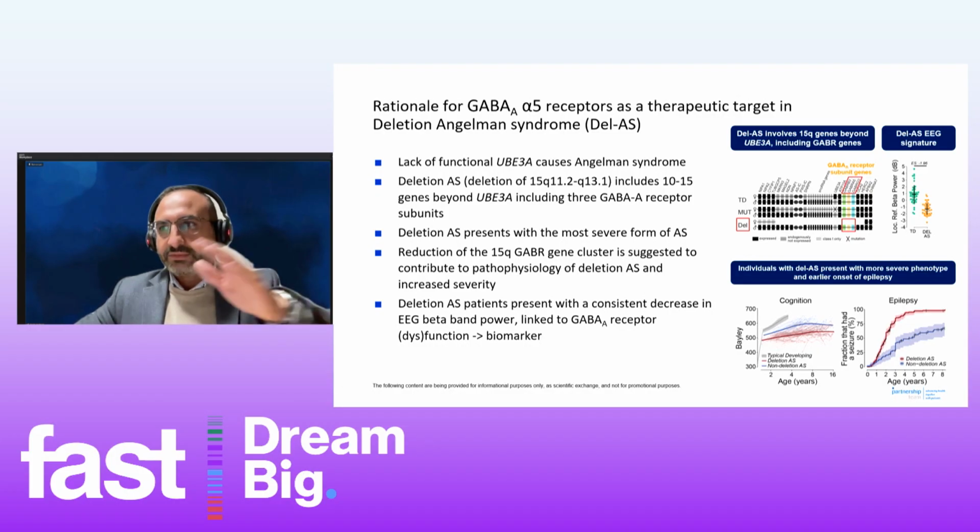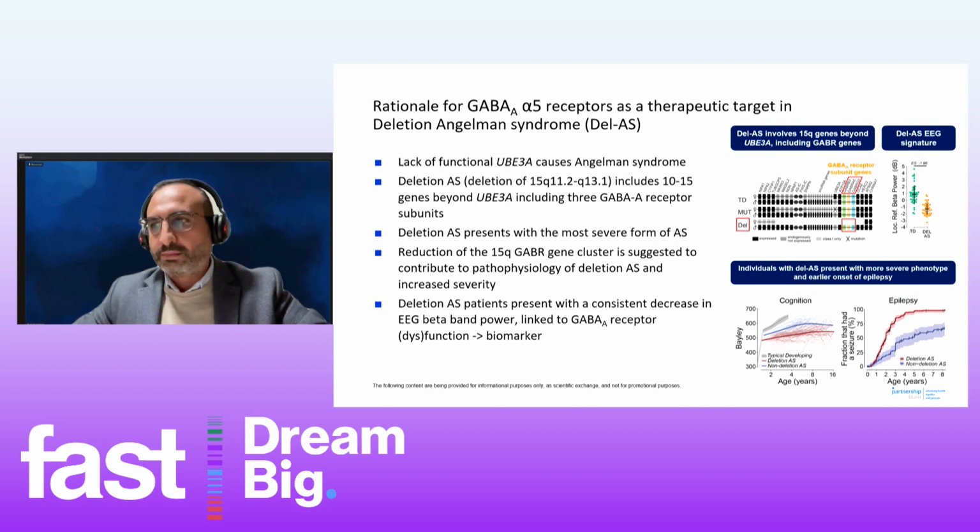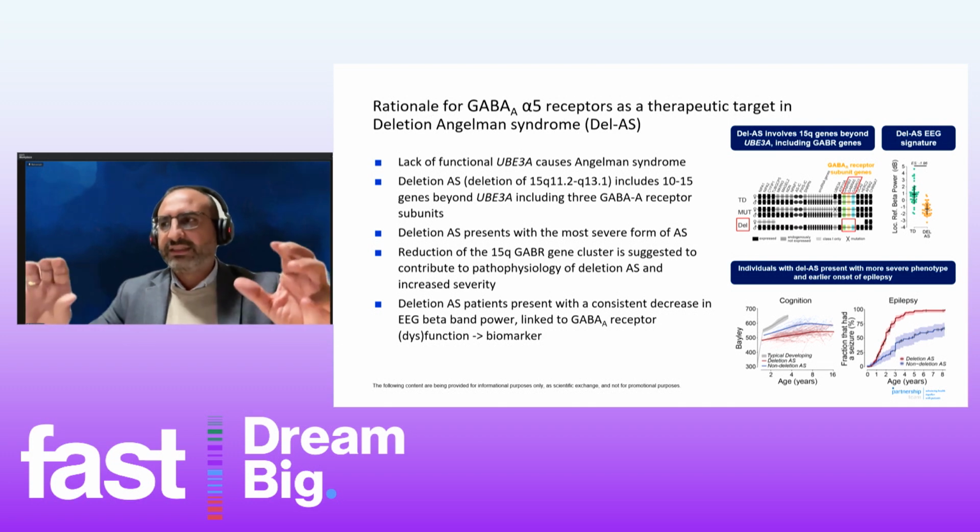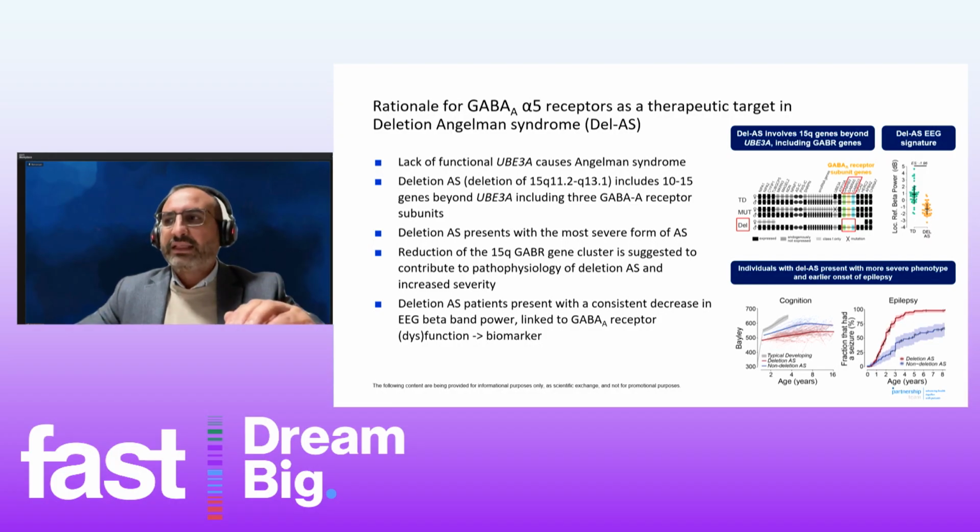That's, of course, in addition to the delta band increase seen in all Angelman syndrome patients. And why is that? If we look at the deleted genes, we see that it includes the GABA genes, GABRB3, GABRA5, GABRG3, and the products of these genes form what's called the GABA alpha 5 subunit receptor.